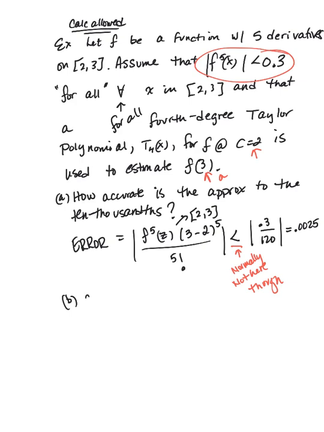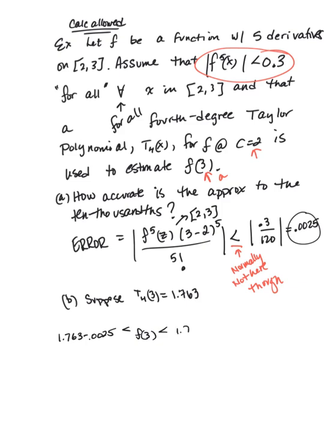All right, well, suppose that my approximation at 3 using my Taylor polynomial of degree 4, let's say that's 1.763. Well, what this means is that the actual function f of 3 is greater than 1.763 minus the error, which is less than 1.763 plus the error.